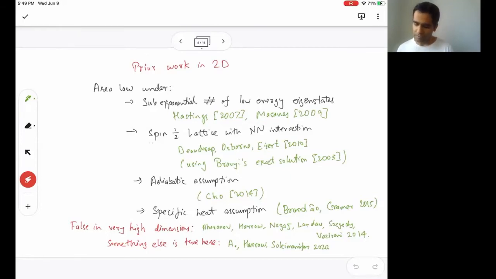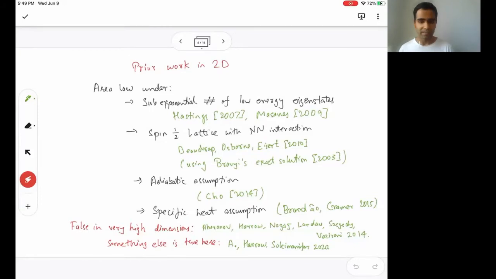Also, when you have a special system, for example, a spin half lattice with nearest neighbor interaction, then using Bravyi's exact solution, these authors showed that the area law also holds for these systems. Under some adiabatic assumptions on the Hamiltonian, again, the area law is proved, and also under some specific heat assumptions by these authors. It turns out that the area law is false in very high dimensions, which was shown by this work.